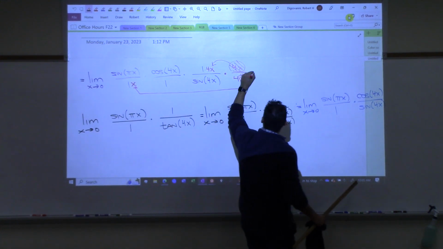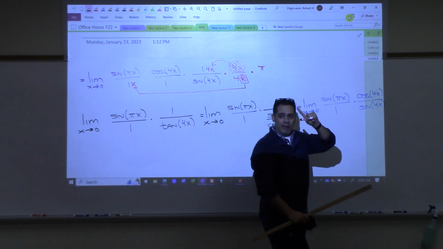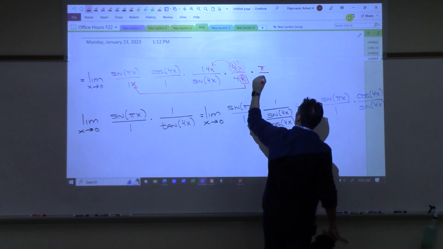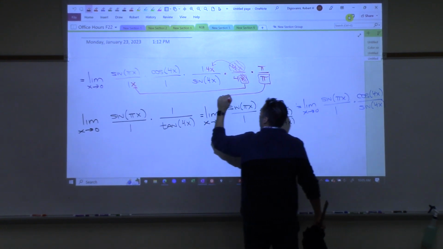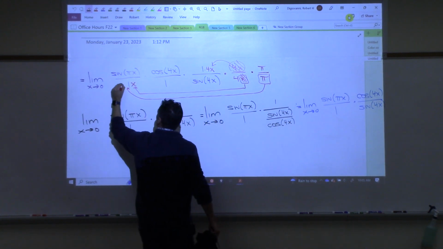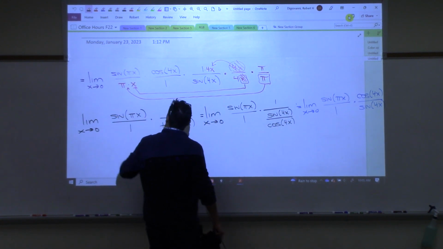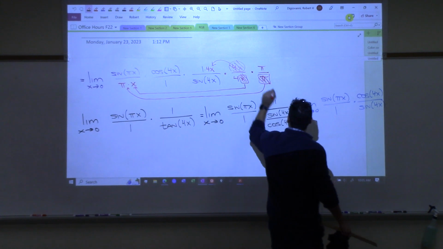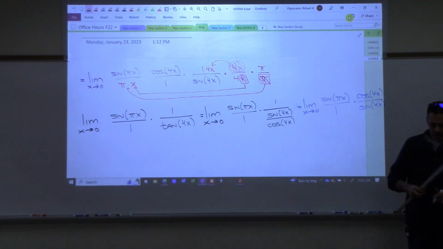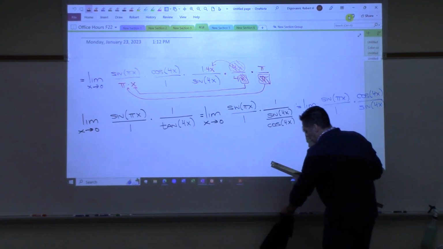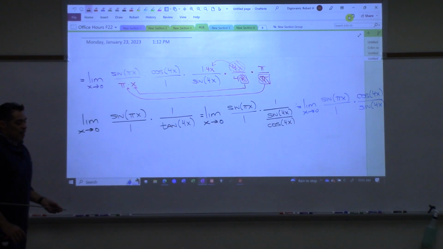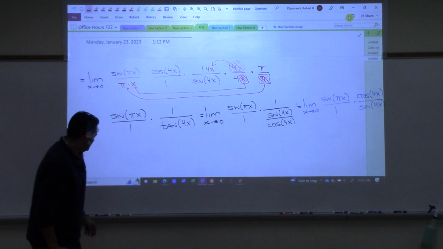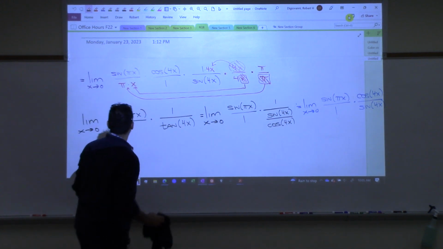So again, I have to do pi over pi because I'm multiplying by 1, right? That's what I'm doing here. Multiplying by 1, taking this pi, sliding it all the way down here, pi times x. There's no longer a pi there. There we go. I think we are ready now. We're ready to take this limit.